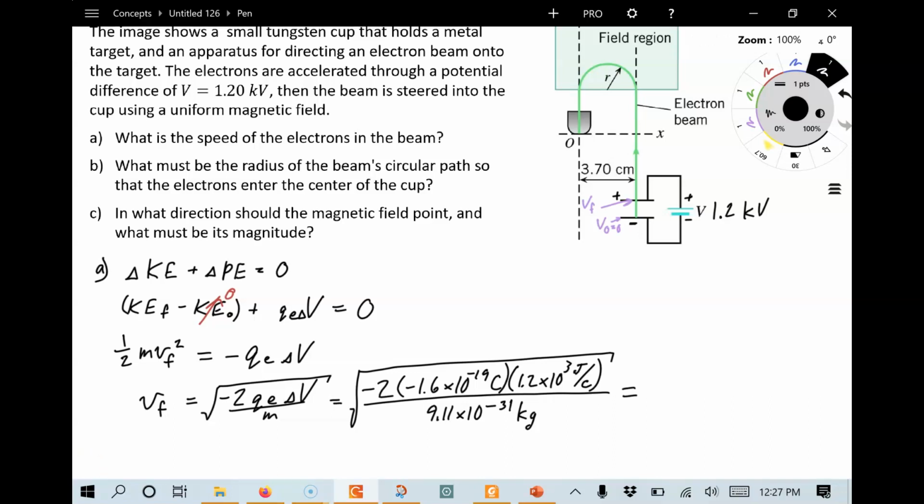This comes out to a value of 6.49 times 10 to the 7th, and we should be in meters per second.